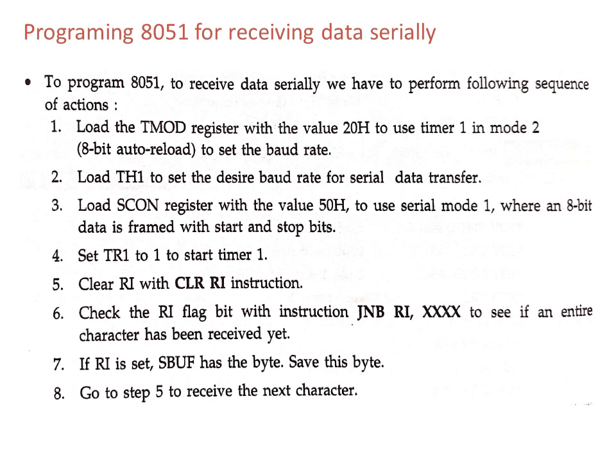This is the same as the process we studied for transmitting data serially. The second step is load TH1 to set the desired baud rate for serial data transfer. For example, if the baud rate required is 9600, we should load TH1 with FDH, and if it is 4800, load TH1 with FAH, etc.